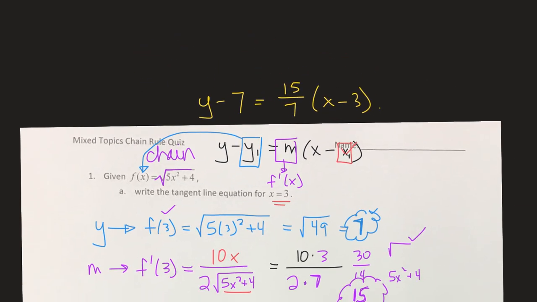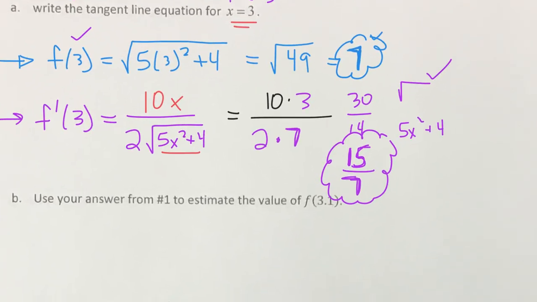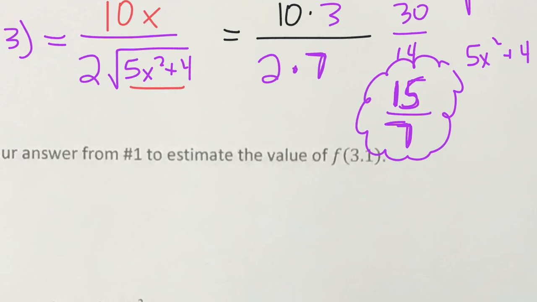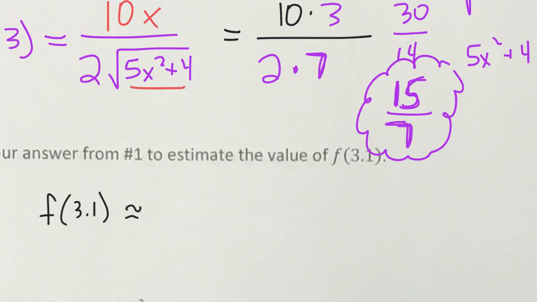Our question said write the equation of a line, so we're not done until we write the equation of our line. Our next little problem says use your answer to estimate f of 3.1. There's a little theorem. F of 3.1 is approximately the same as the tangent line evaluated at 3.1.